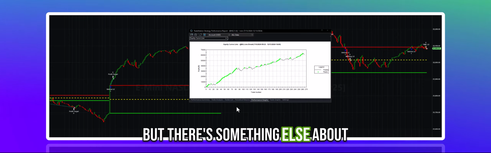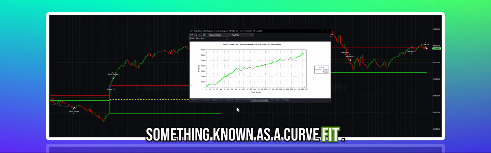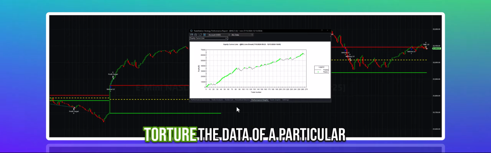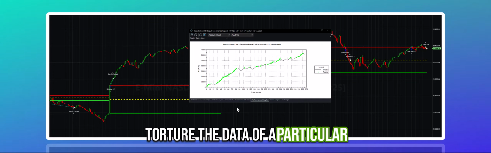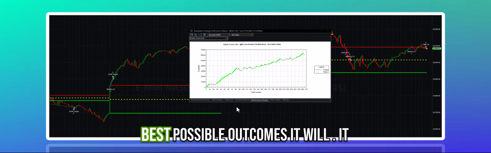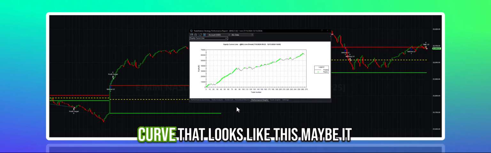But there's something else about backtesting, something known as a curve fit. When you go back in time and torture the data of a particular strategy, the machine will find the best possible outcomes. It will. It might generate an equity curve that looks like this.